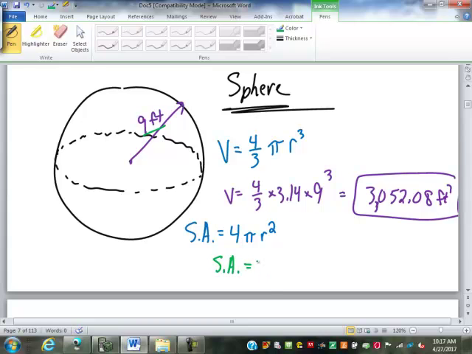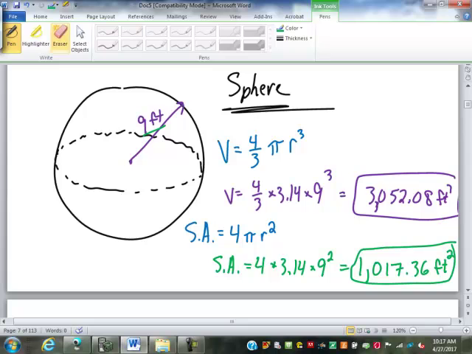So our surface area is 4 times 3.14 for pi times 9 squared, which is going to give us 1,017.36. That's in feet, so this is in feet squared. Remember, this here was in feet cubed. What do you think? A lot of stuff to remember.